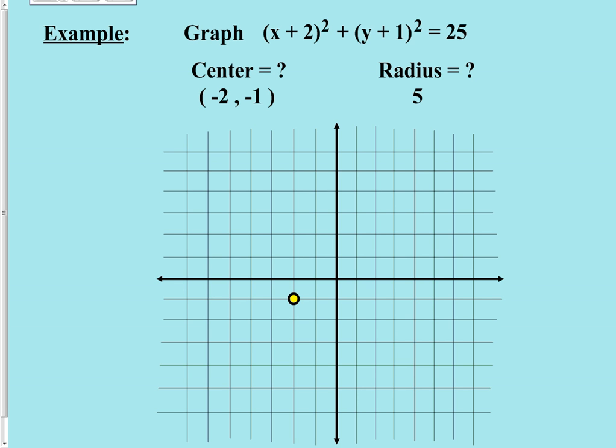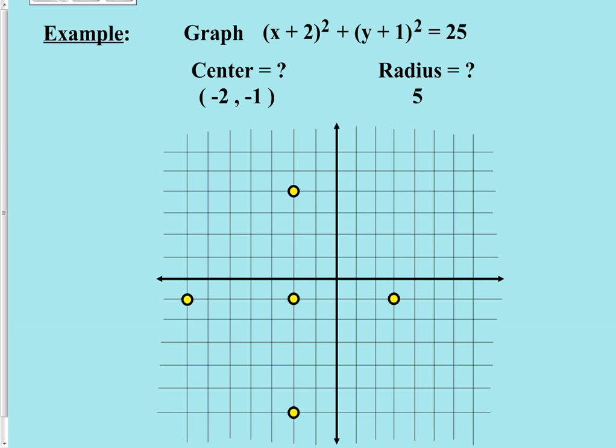So from your center at negative 2, negative 1, we ought to be able to go straight up that grid line 5 units, straight left 5 units, straight down 5 units, straight right 5 units, and plot those 4 positions based upon how large our radius was.